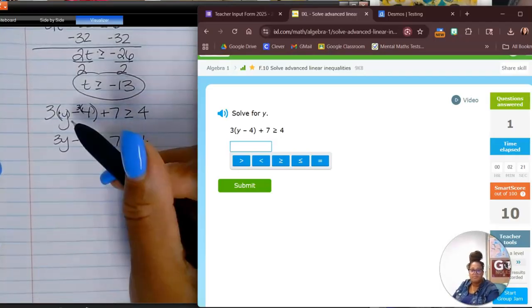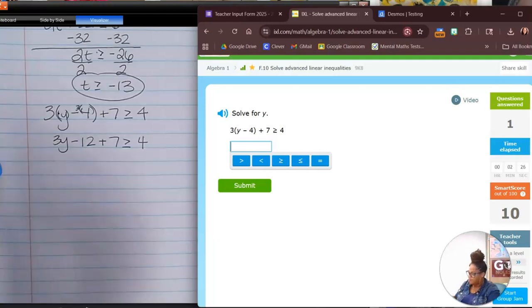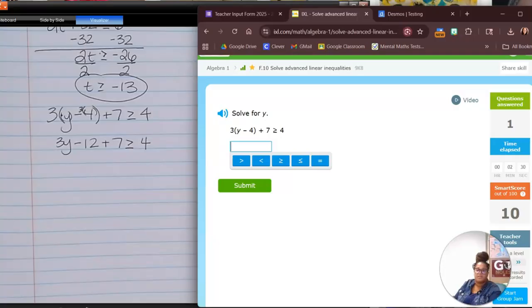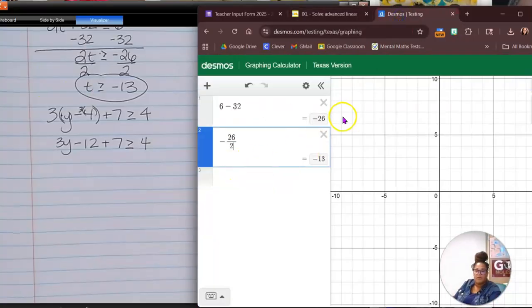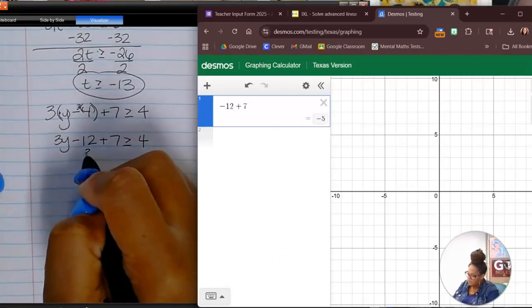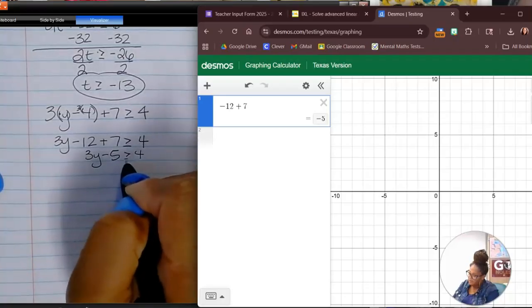So I'm distributing, which is multiplying by the group first. And then I would combine like terms. This is negative 12 plus 7. So come here and we'll say negative 12 plus 7 is negative 5. So this is 3y minus 5 is greater than or equal to 4.